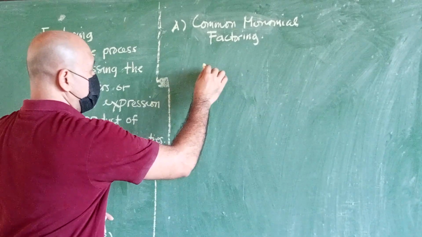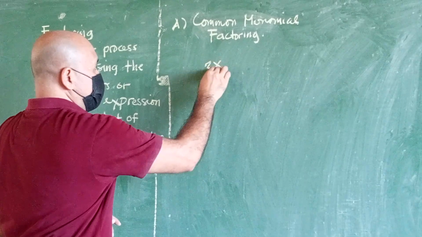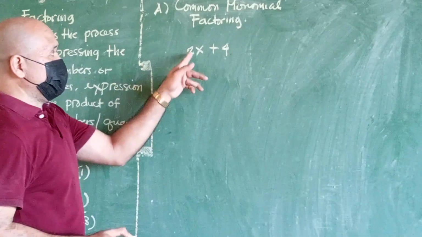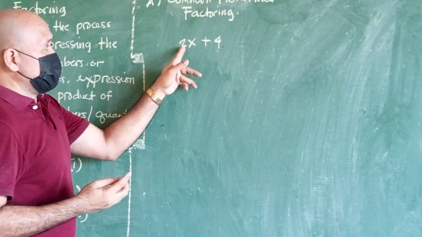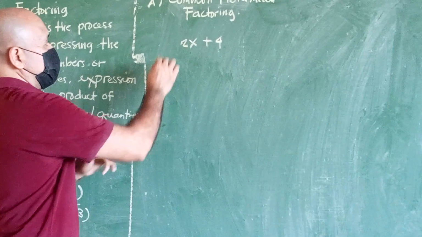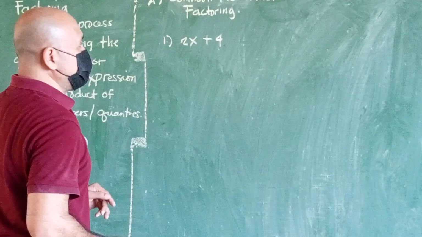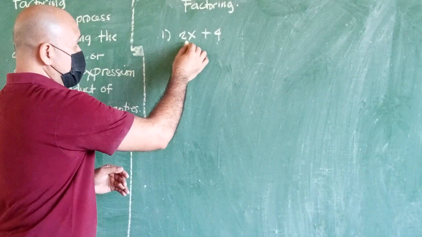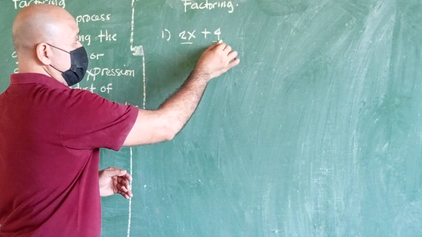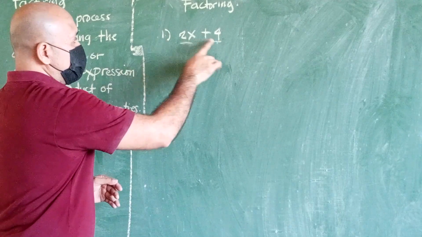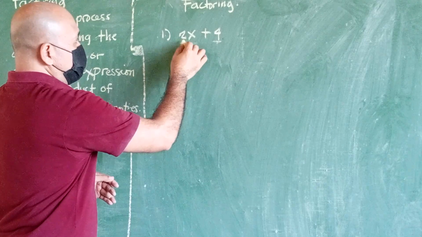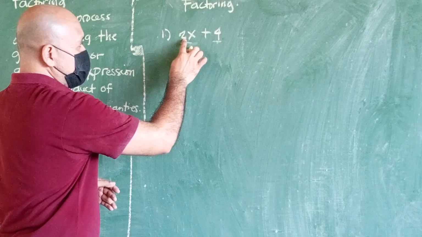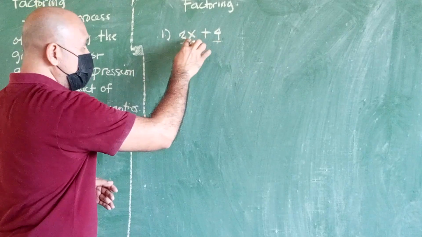For example, you have here 2x plus 4. The given algebraic expression is 2x plus 4. So under common monomial factoring, you simply have to analyze the first term and the second term. You have to compare if there is something common between the numbers or coefficients and the variables or letters.